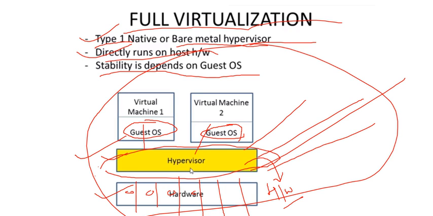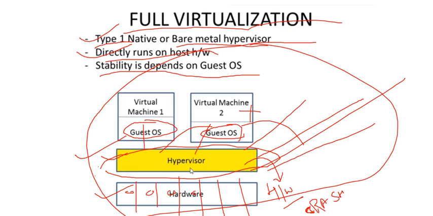If somehow it invades others' space, or somehow if it fails, then the whole system will crash. If a single guest OS crashes, then the whole system will crash.